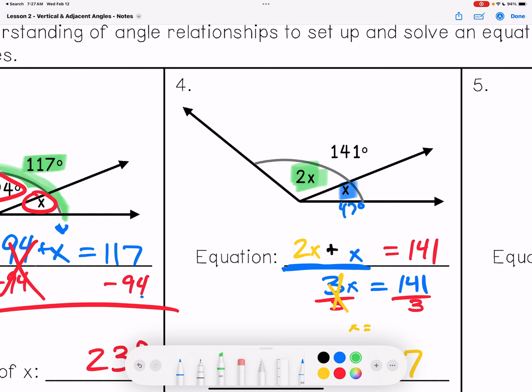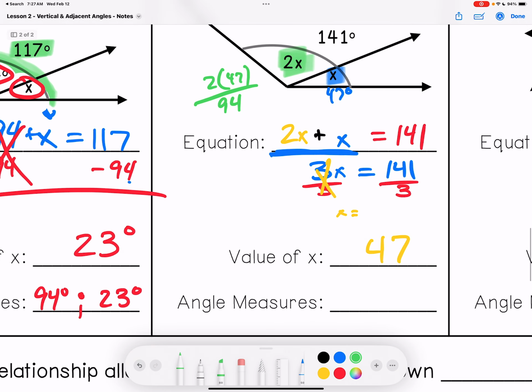When I plug it in right here, I have to times it by 2 because it is 2 times x. So it's 2 times 47, which is 94. So the angle measures are, yes, 47 is one of them because it was x, and the other angle measure was 94 degrees because I had to put it back into that 2x.